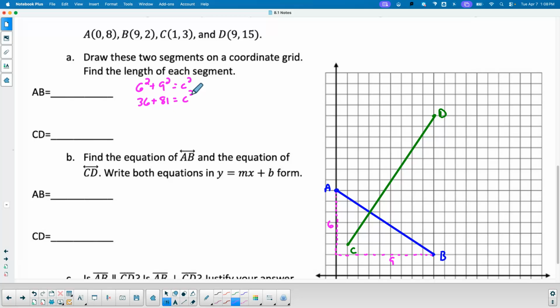I get 117. 117 can be divided by 9, 13 times.